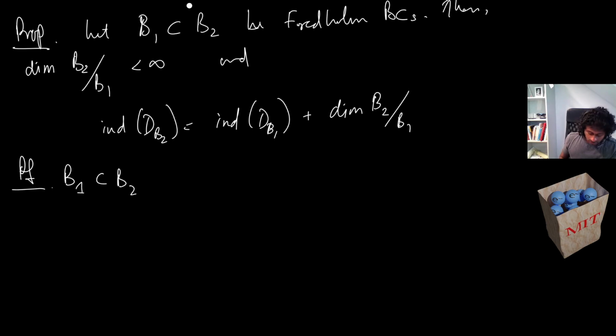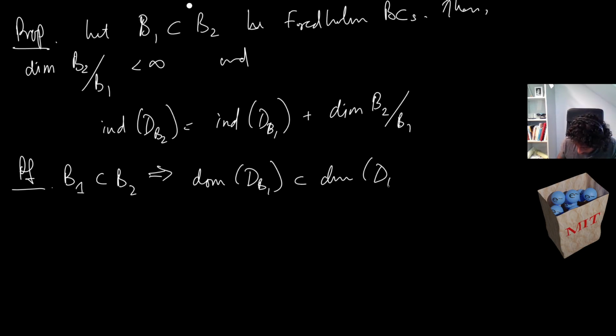So B1 is a subspace of B2. What does that mean? That tells us that the domain of dB1 is a subspace of the domain of dB2.